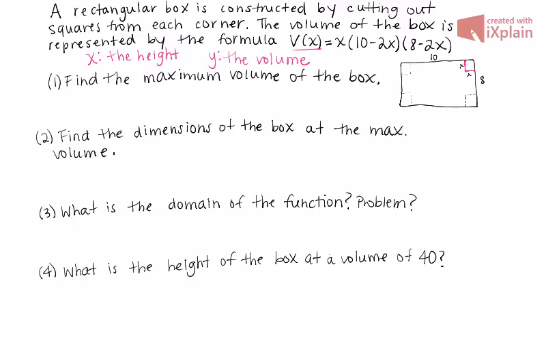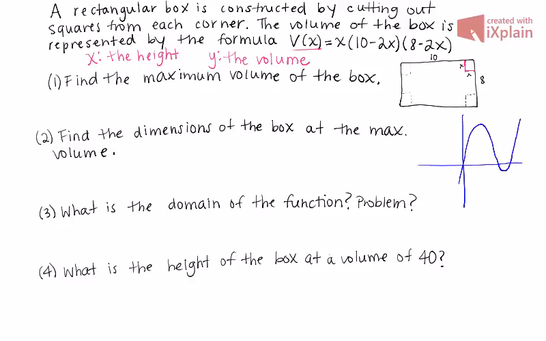I cannot pull one up on the screen, but if you are watching this, you should follow along with your graphing calculator. Question number 1 asks, find the maximum volume of the box. So when you graph this in your calculator, you should see that your graph should look something like this.